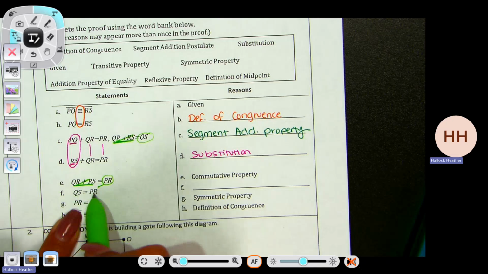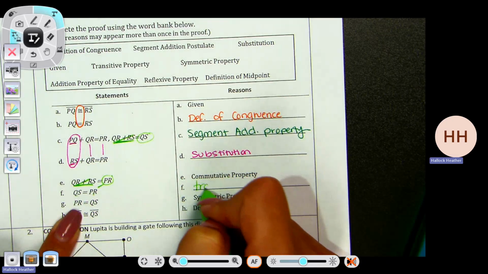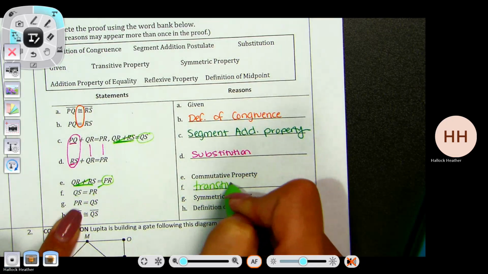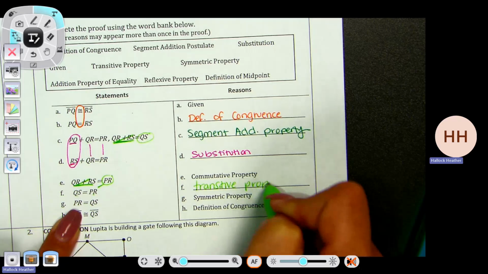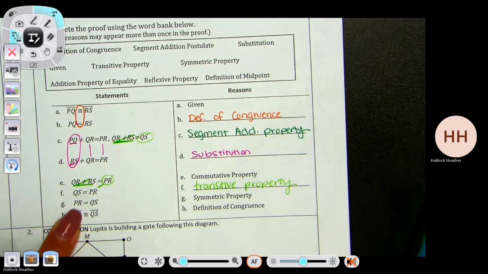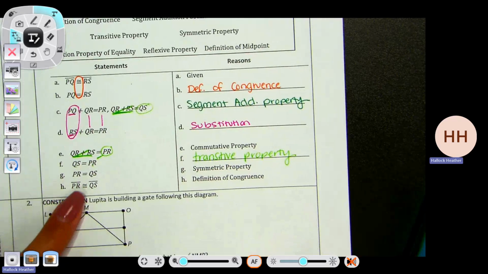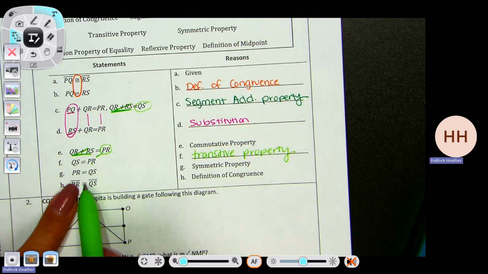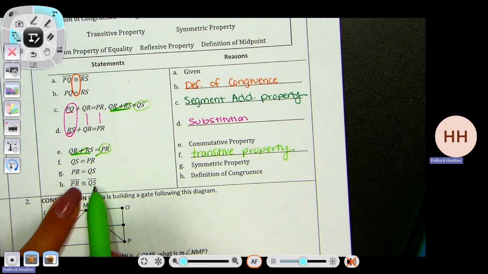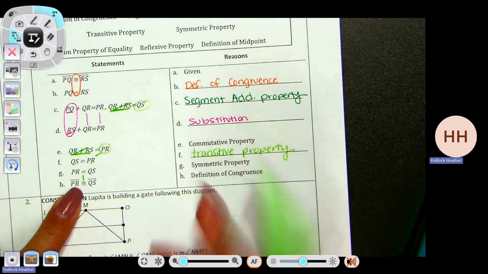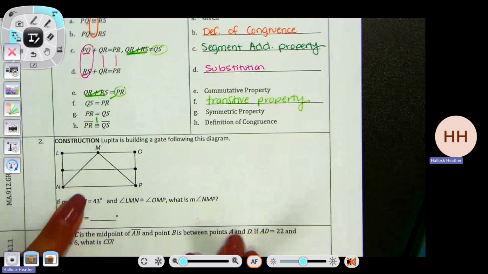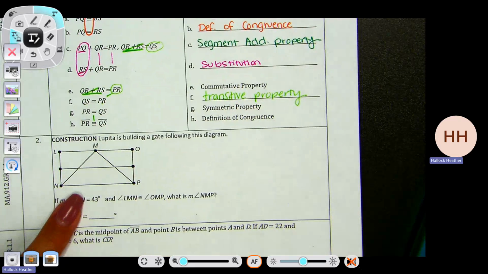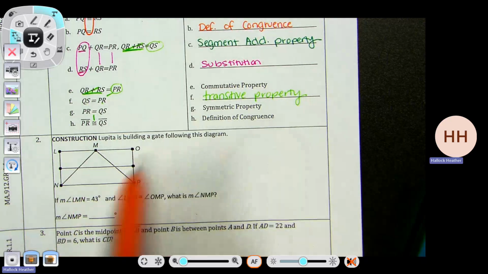So QS is equal to PR. That is transitive property. And then symmetric, it flips it. And then when the equal sign changes to a congruency symbol, that is definition of congruence because the symbol changes again.